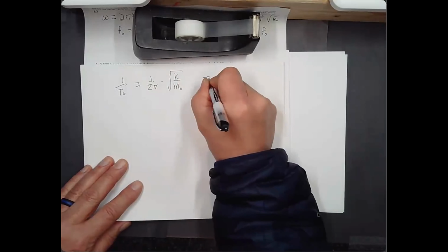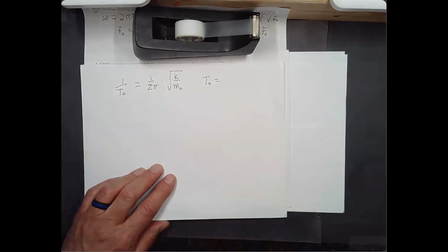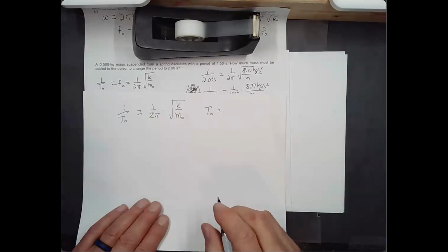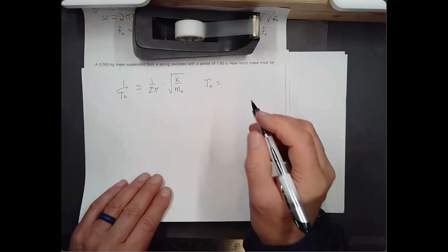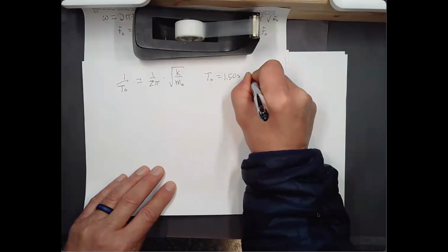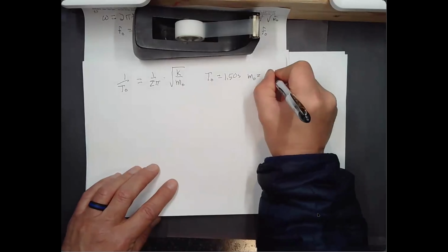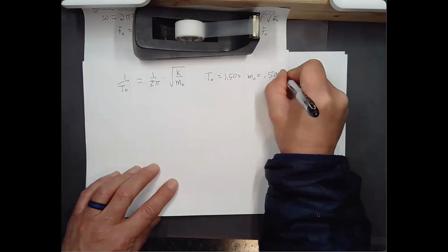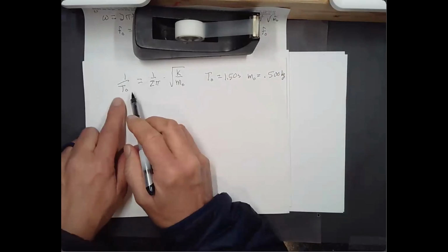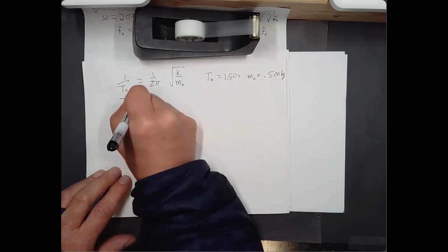And we know that T naught is equal to 1.50 seconds, and m naught is 0.500 kilograms. Now, what I'm going to do is come up with a new period, T final.